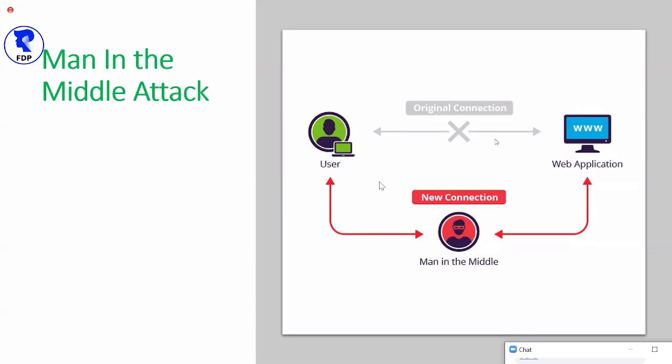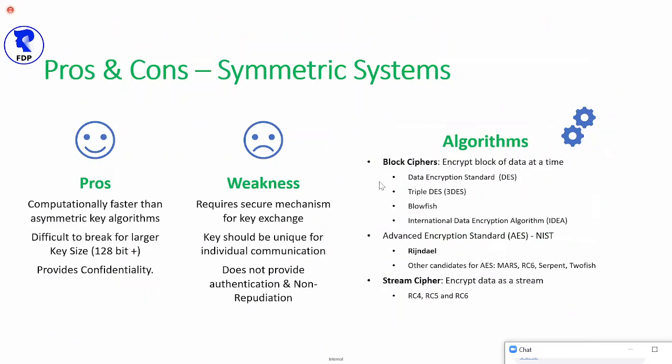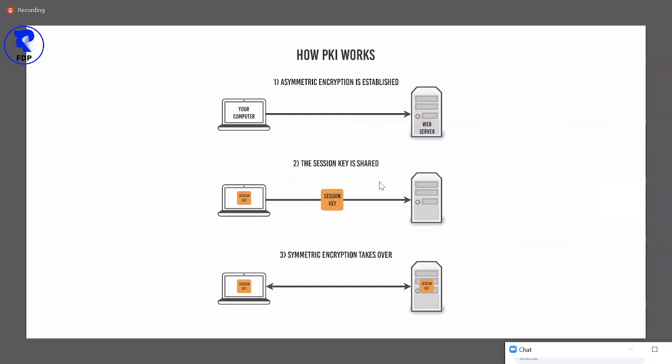Okay, so that is the use case which I want to take with respect to the encryption methodology. Should we use only one or should we use both? The way in which HTTPS works, or PKI works, is that when an individual application or a user is trying to contact the web server, the computer will take the public key of your web server, encrypt the message, and send it to the web server.